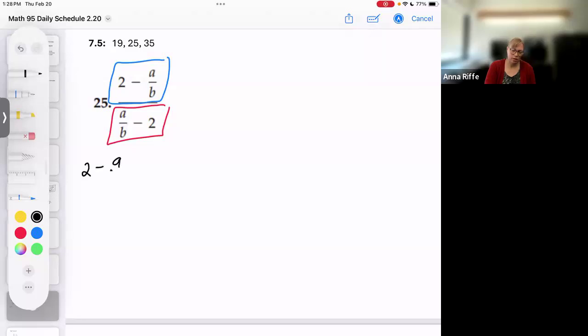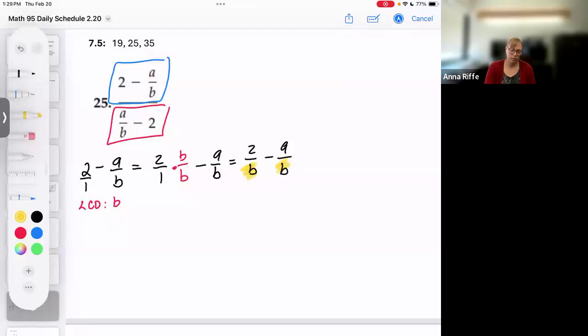2 minus a over b. 2 has a denominator of 1. Therefore, just like the last one, my least common denominator is the denominator on the right, which is b. So 2 over 1, I want to write with the denominator of b. So I'll multiply by b over b. Subtract a over b, which gives me 2b over b minus a over b. My denominators are now the same.